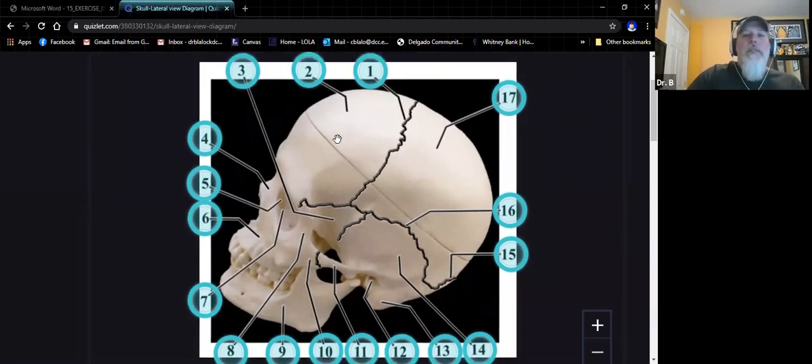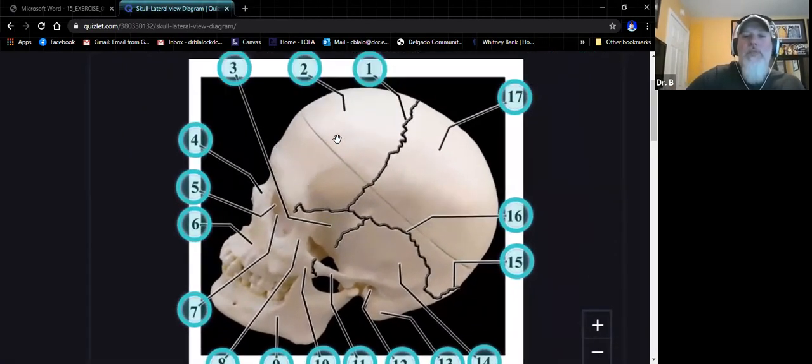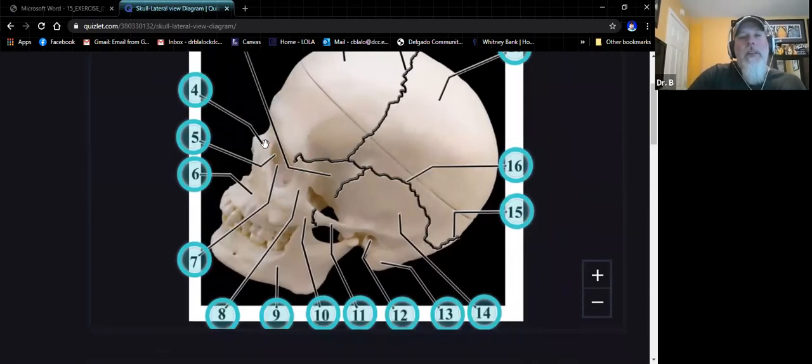All right, so let's identify some of the other bones, the facial bones, and some of these structures that we have here. Number 4, we said that that is our pair of nasal bones. Number 5, this is a bone we identified before. We said we couldn't see very well. That is the lacrimal bone.